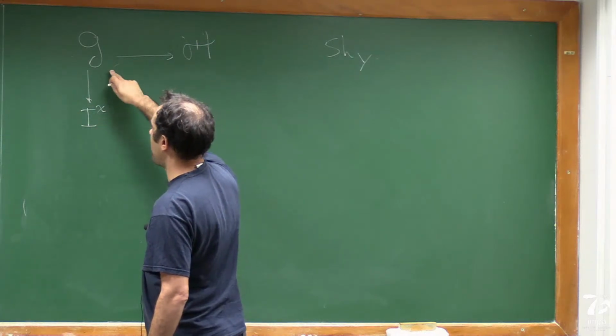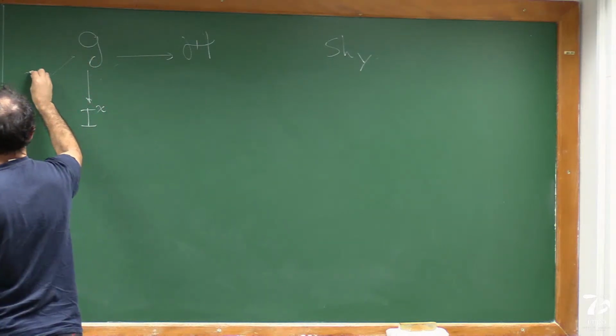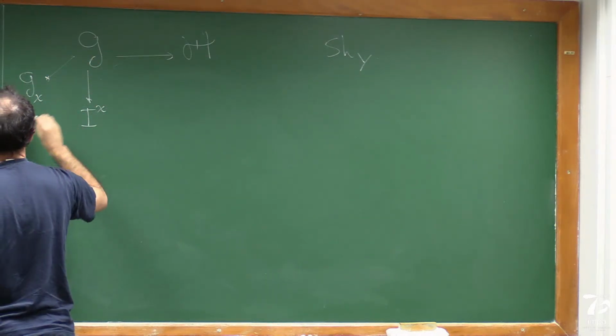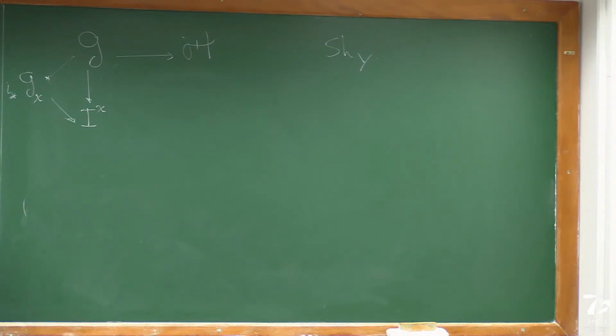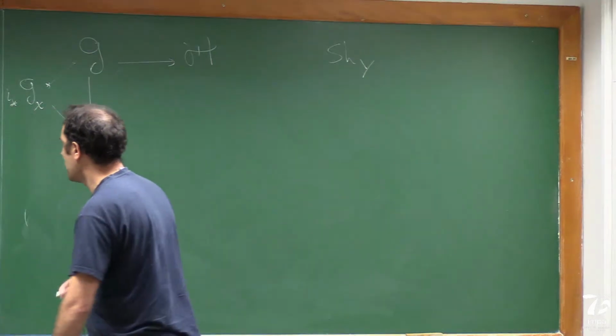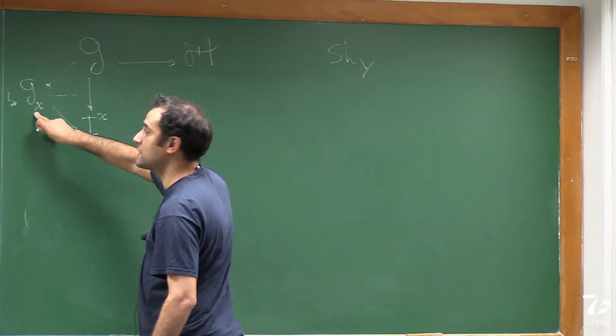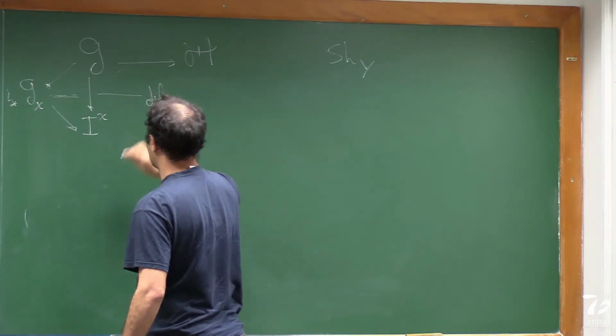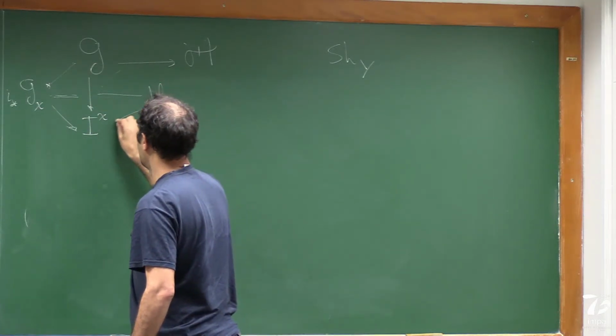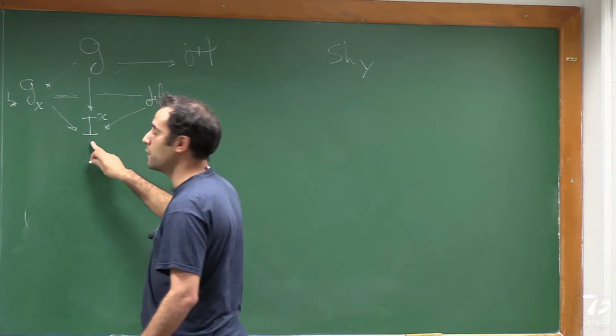Now, this thing here factors through, therefore, this map. And since this guy is injective, I have a map from G_x to H_x that makes this diagram commute.